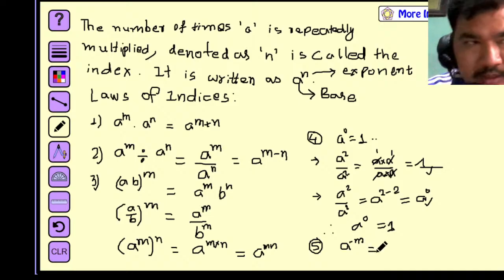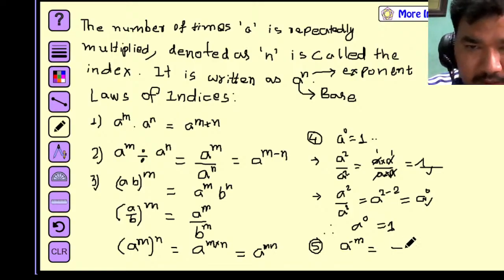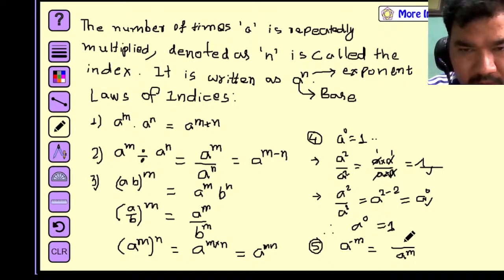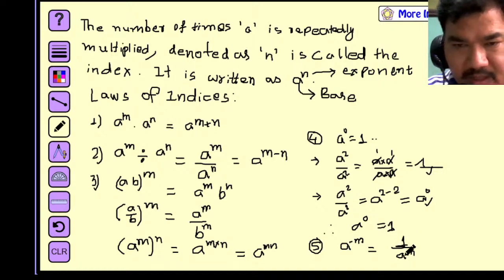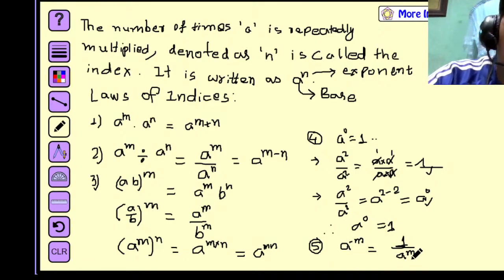A law tells that when we take it down as the denominator, the negative power will be converted into positive power and 1 remains in the numerator, and in the denominator it goes a to the power m, changed into positive. This is another one, the fifth law.